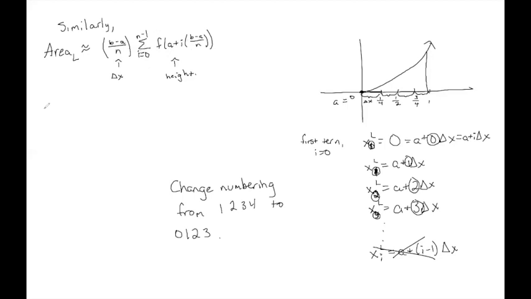However, this is certainly the more confusing version. And because of this, when we do integration, we're going to use the right-hand side estimates, just because starting our numbering at 1 makes a little bit more sense.